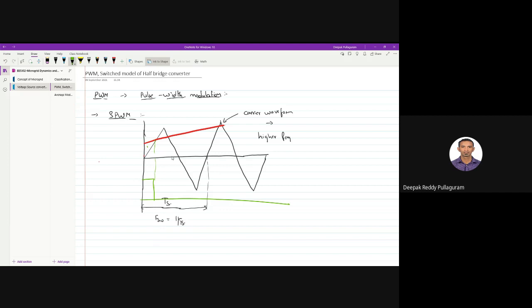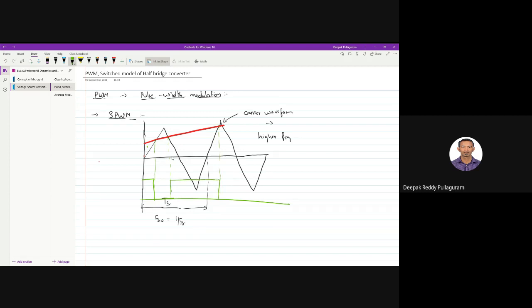And in this second region, the carrier wave is larger, so we get a zero signal until the modulating signal is larger than the carrier wave again, and then you again get a positive pulse like this.